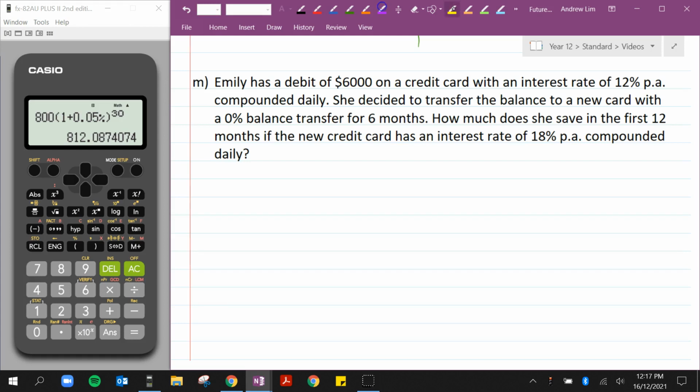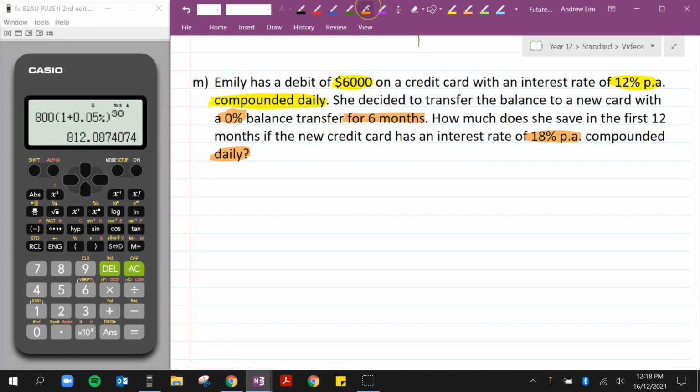So I might just highlight some information here. $6,000, 12% per annum compounded daily. Okay, I'll highlight that in yellow because they are all related to the same credit card. And I'll highlight this new card in orange, 0% for 6 months, and an 18% per annum compounded daily.